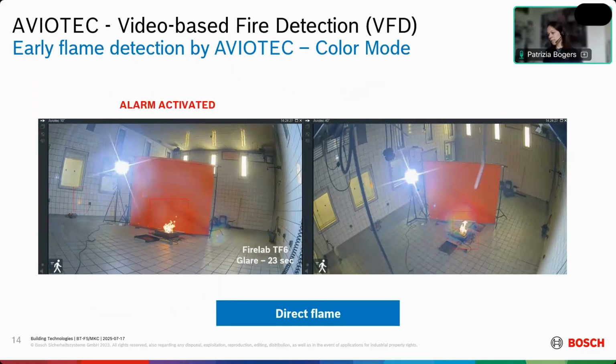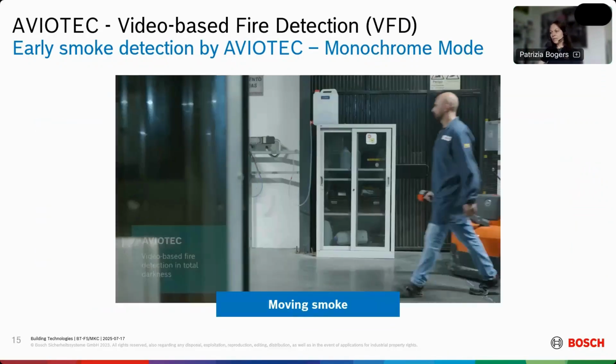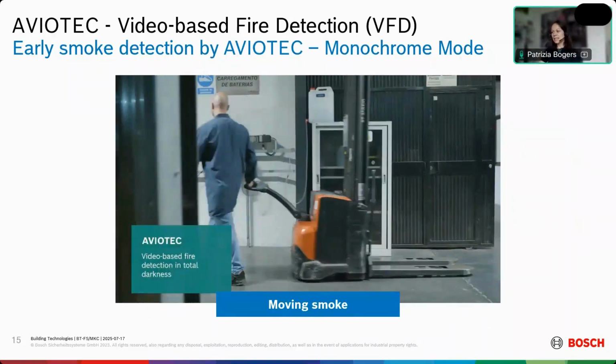But you see, nevertheless, the camera is able to detect, and after 23 seconds, the flame alarm is set. It can be seen by the bounding box around the fire event. So this was color mode, meaning daylight detection.